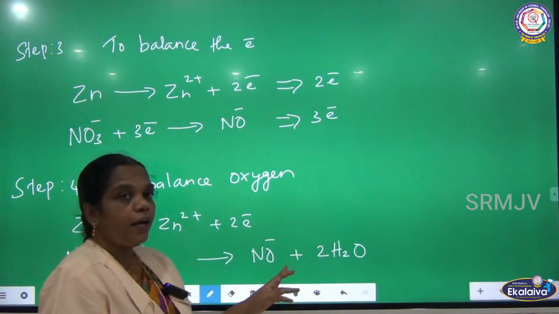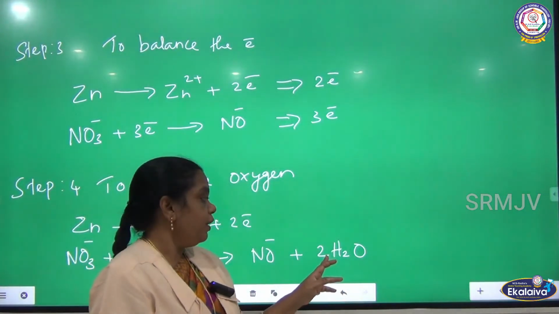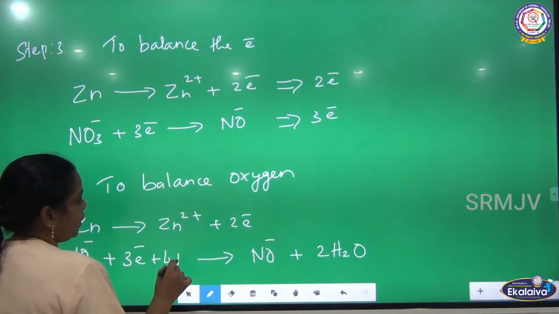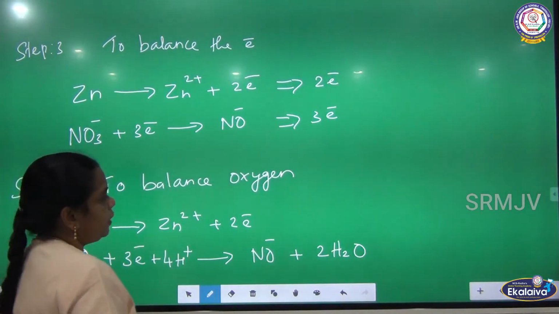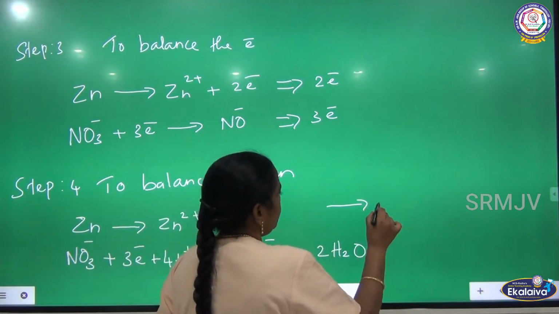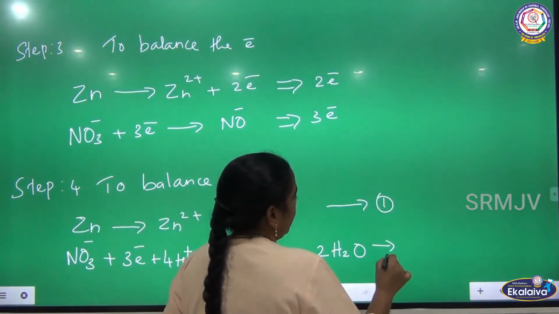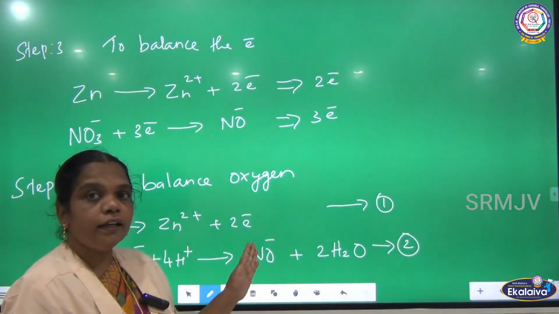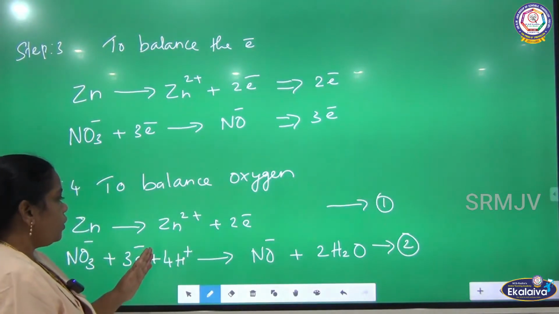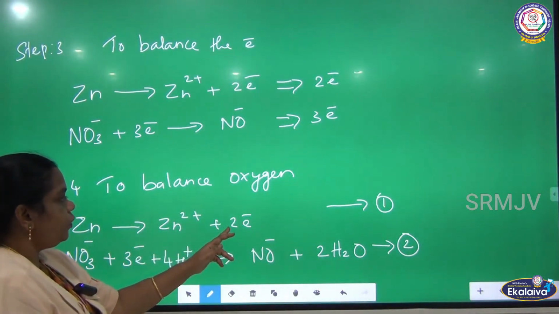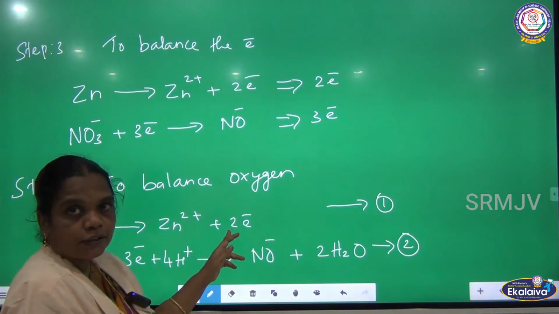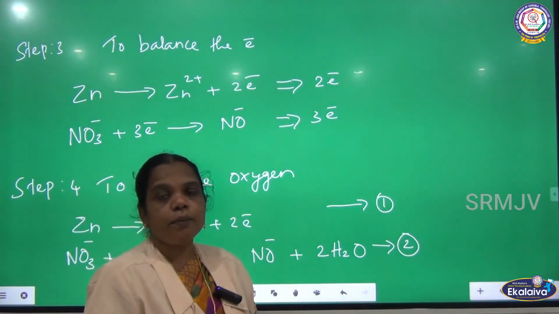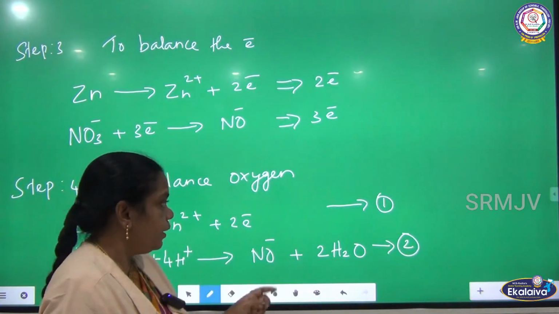Now you want to balance the hydrogen. How many hydrogen here? 4 hydrogen. So you have to balance this side with 4 H plus. This equation is assigned as 1 and this one is assigned as 2. Now you want to balance the electrons on both sides. Already 2 electrons are involved in oxidation and 3 electrons in reduction. So by cross multiplying you can balance the equation.